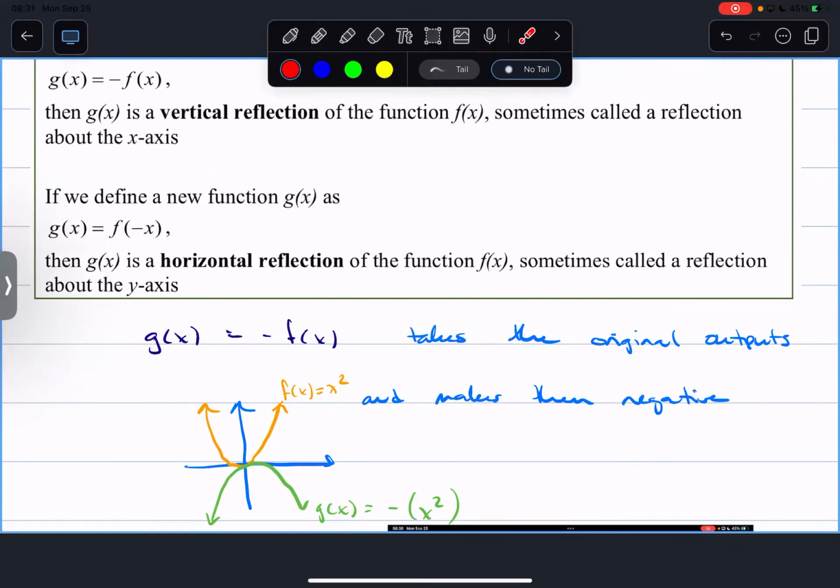So that's when the negative is on the output, so on f of x. What if I put the negative on the x instead? Then all my x's are negated. So now this is a flip around the y-axis instead.